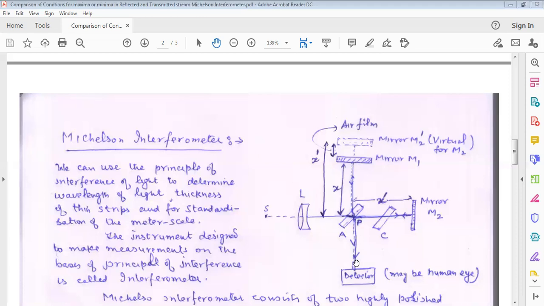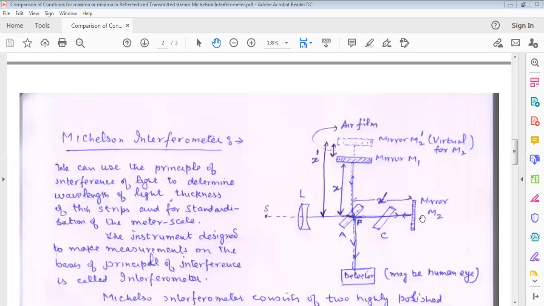But the second wave, in actual position, has come due to reflection from mirror M2 from this side, but to the detector or to an observer, this wave appears to be coming from this side, from this position.